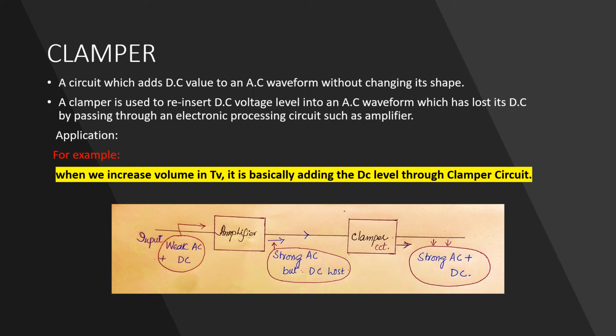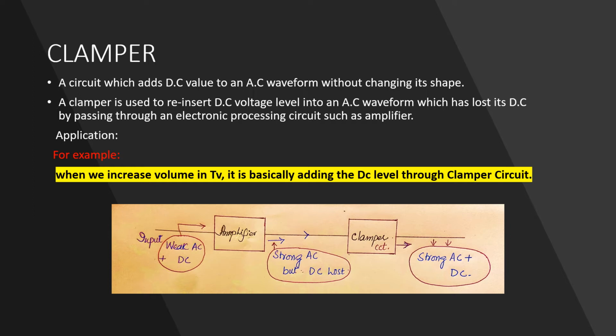When we input this AC signal without DC to the clamper circuit, at the output side, after passing through the clamper circuit, it adds a certain required level of DC into this AC sinusoidal waveform. So the importance of the clamper circuit is that it can reinsert, re-improve, or add DC voltage levels in any AC waveform where it is required, or it is the requirement of the design problem.